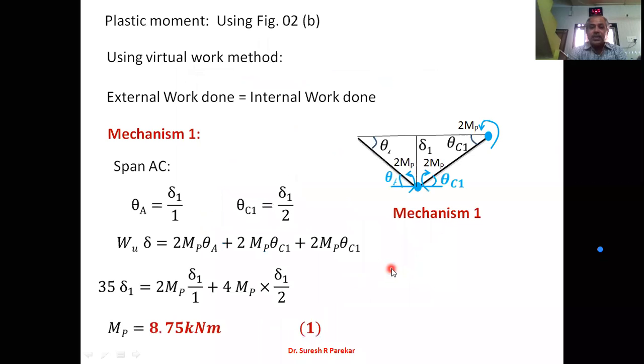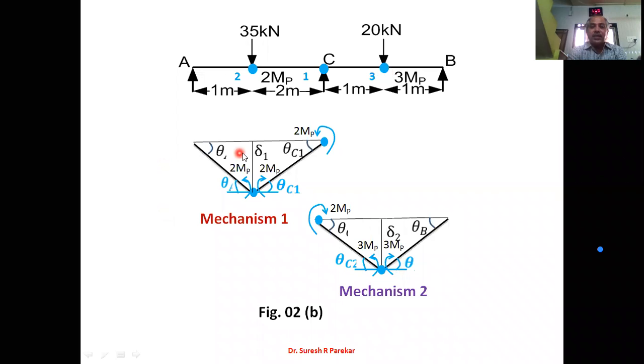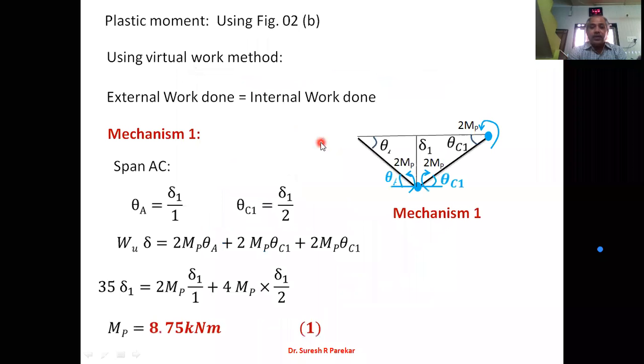Now we have solved this. In the same way, theta A is delta 1 by 1, because we have this as 1, and theta C1 is delta 1 by 2. And W into delta equals 2 MP theta A, 2 MP theta C1. So here also I have 2 MP, here also 2 MP, here also 2 MP. So 2 MP theta A plus 2 MP theta C1 plus 2 MP theta C1.